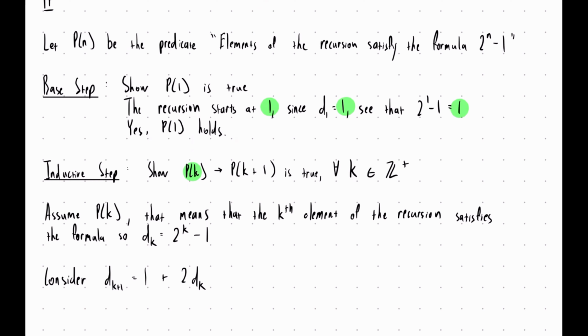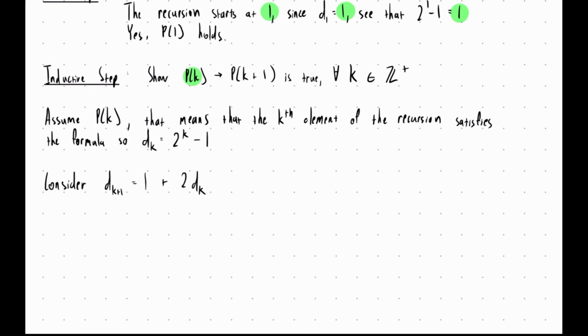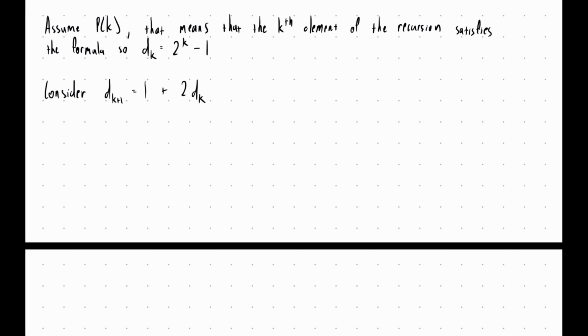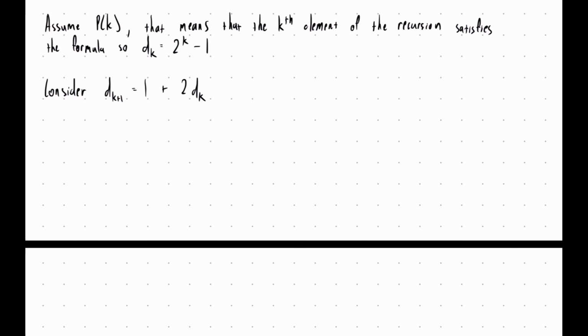So the next move, we know what we want. I put it right here at the bottom, d k plus 1 to be equal to 2 raised to the k plus 1 minus 1. That will mean that it moved forward. You continue with the same pattern.